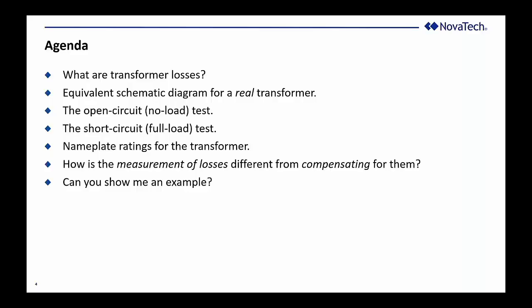I will sum up the nameplate ratings that are generally published with transformers and how they're used to do compensation. Near the end, we're going to distinguish the difference between measuring losses, which may be interesting as far as they go, and compensating for them, which is the real purpose of the presentation, so that you can actually read the watts, vars, and energy at one point on one side of the transformer, even though the meter is connected on the opposite side of the transformer.